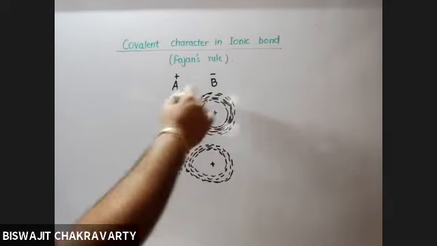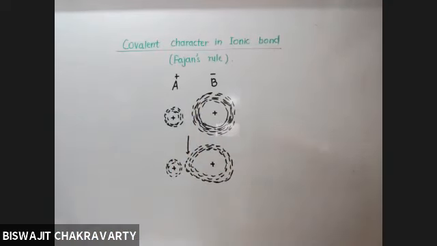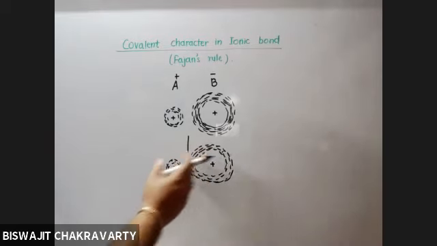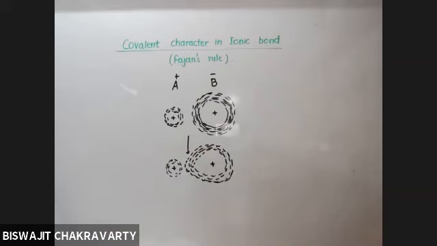So previously it was spherical. No longer it is spherical. As you can see, a part of the electron cloud is attracted by the anion. And this particular phenomenon is referred to as polarization. Who is responsible for doing the polarization?